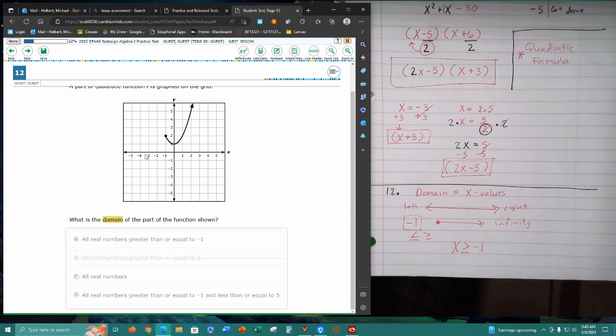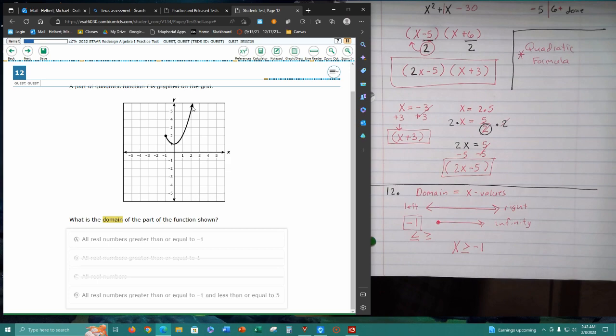C says all real numbers. Well, that would have to have an arrow on it to the left in order to be all real numbers, because it'd have to keep going. So it can't be that. D says all real numbers greater than or equal to -1 and less than or equal to 5. Okay, so again, this one is saying less than or equal to 5.